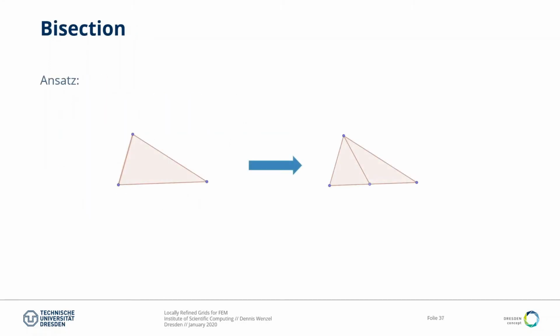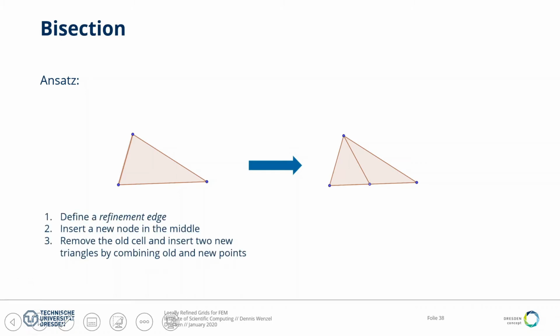What does that mean? Well, the idea is very simple. You take a triangular cell, you cut it in half. So that's bisecting your triangle. What does it practically mean? It means that you define a refinement edge. In this case, it's this one down here. And that should be defined as a particular one.